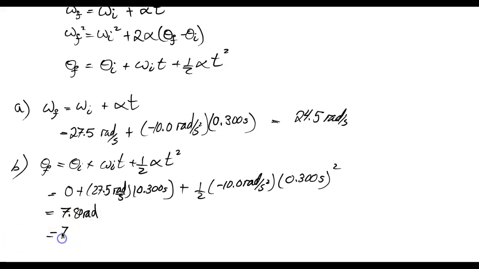And since we're asked for how many revolutions that is, we can say that this many radians is the same as, if I multiply that by 1 revolution for every 2 pi radians, I get about 1.24 revolutions.